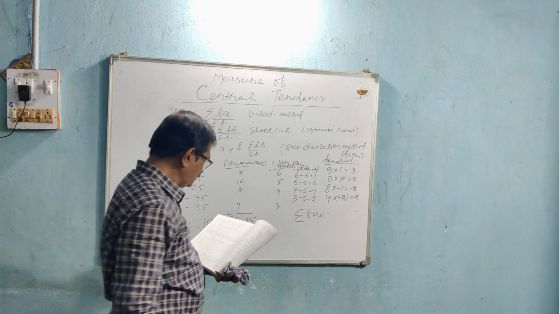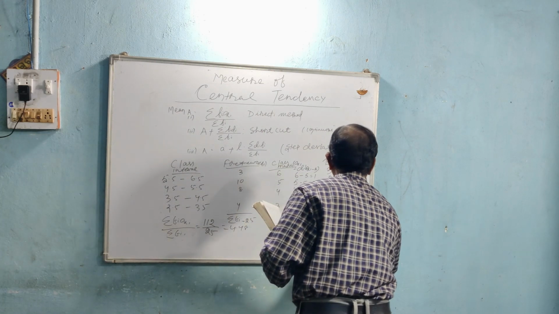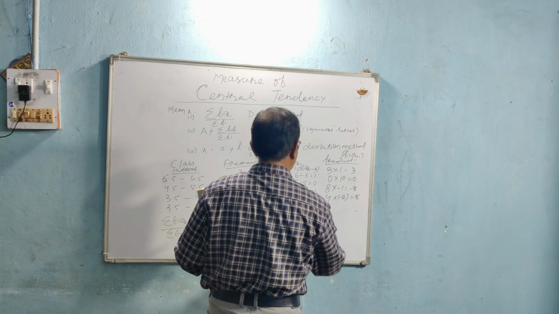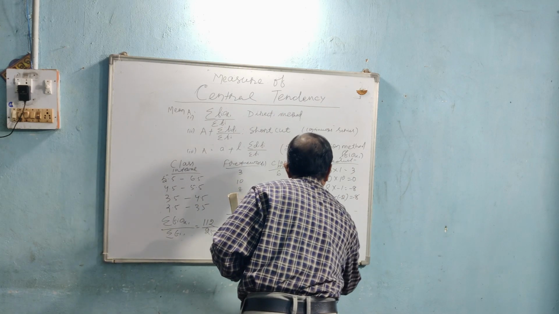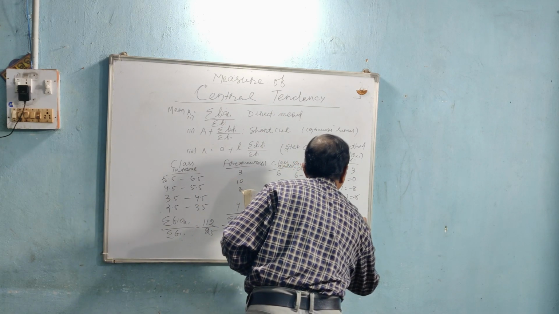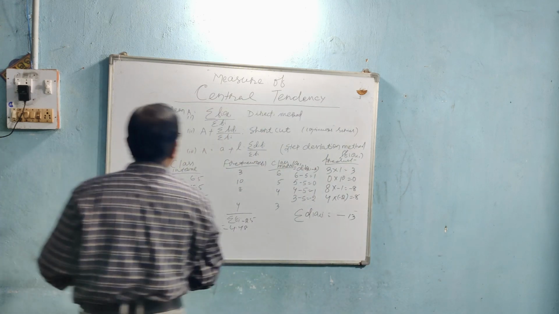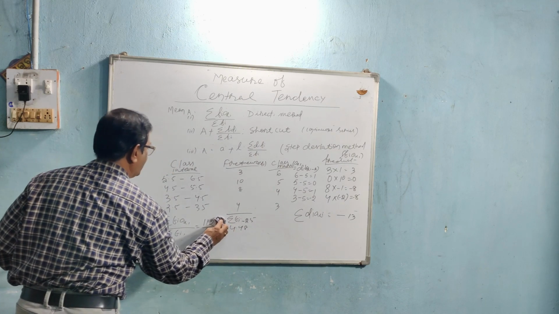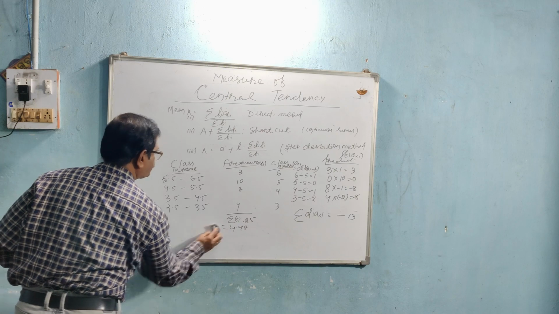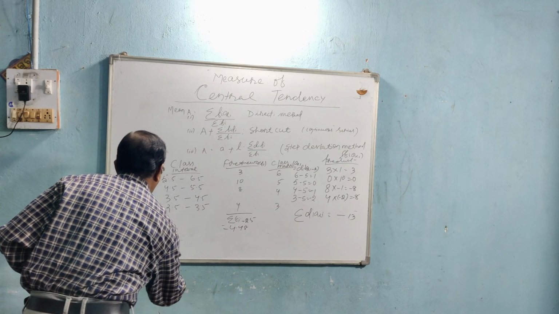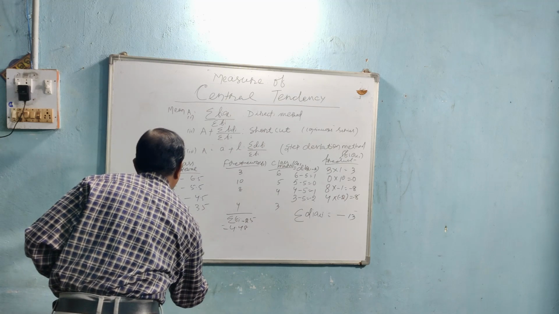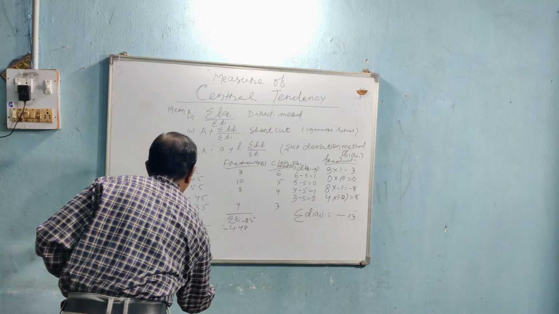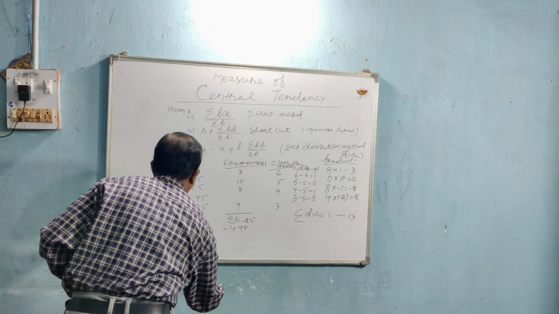And now you see your final value, your sigma, instead of writing fi xi you can write here di, it has come -13, and the formula under the shortcut method is different. The formula is A plus sigma fi di by sigma fi.